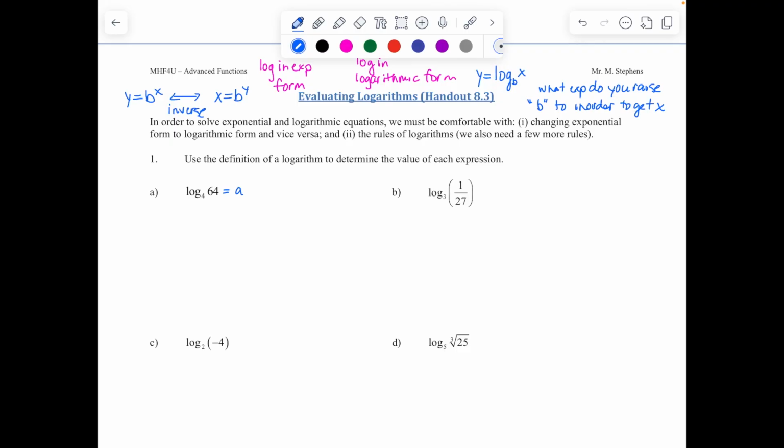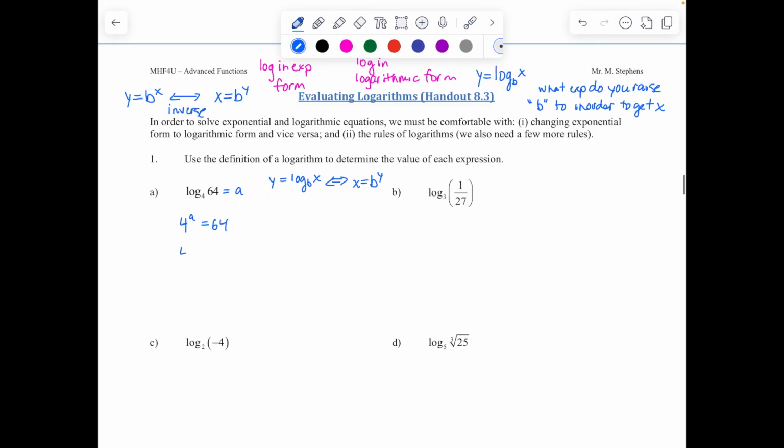Right now it's in the form of y equals log base b of x, and what I want to do is rearrange it into x equals b to the y. So my base is 4, to the power of a equals 64, and then I can solve by inspection.